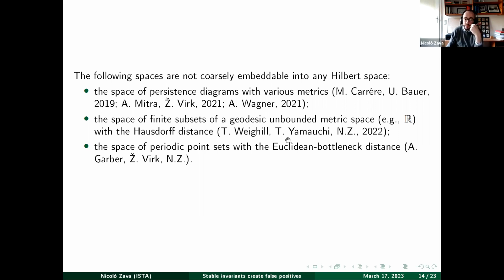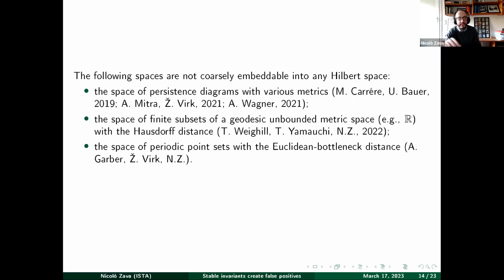It was also proved with Thomas and Takamitsu. We also proved that the space of finite subsets of, let's say, R, in reality any geodesic unbounded metric space, but for the sake of simplicity you can consider R, with the Hausdorff metric, not the Gromov-Hausdorff, just the Hausdorff metric, cannot be coarsely embedded into any Hilbert space.